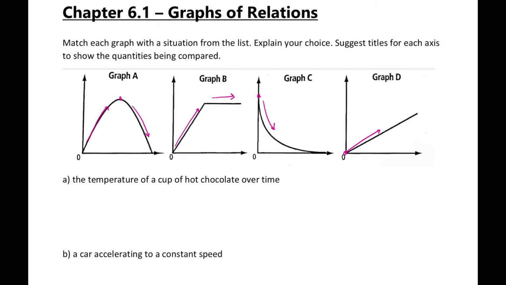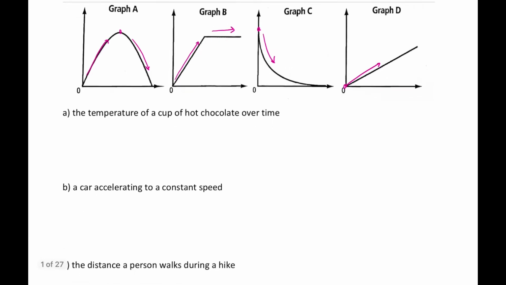Now let's take a look at these given situations. Part A, the temperature of a cup of hot chocolate over time. So we're given the temperature of a cup and time. So this situation would involve temperature versus time.